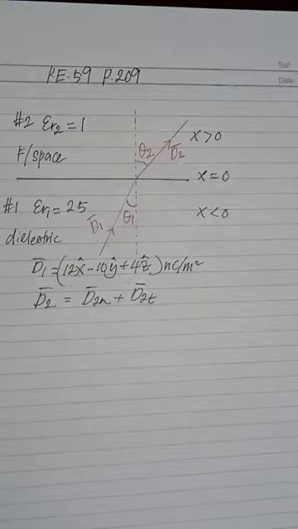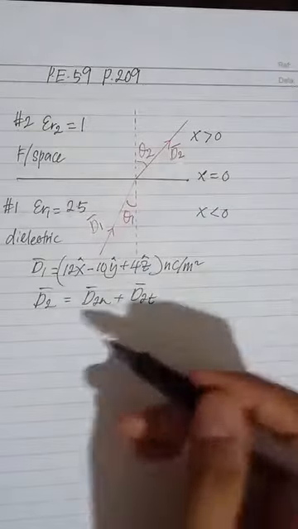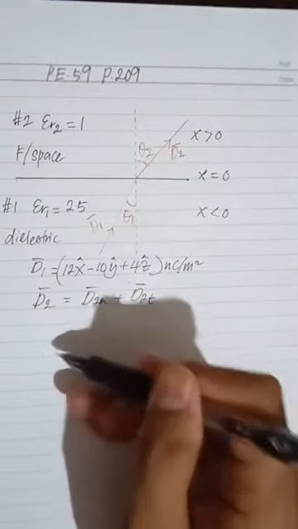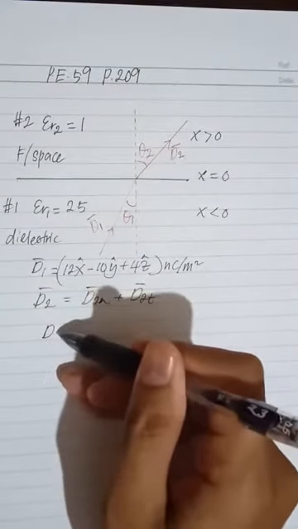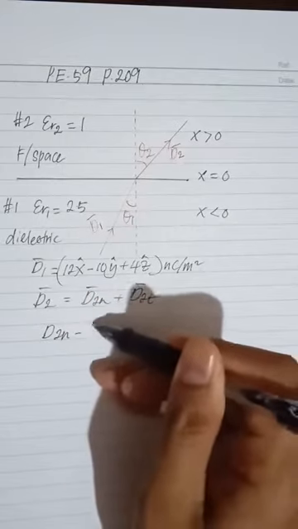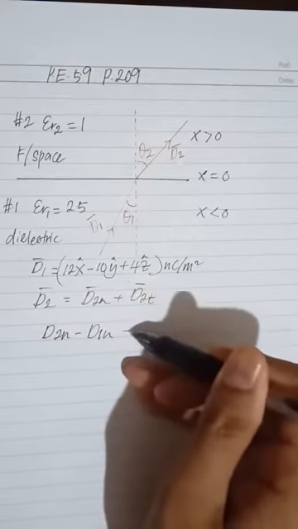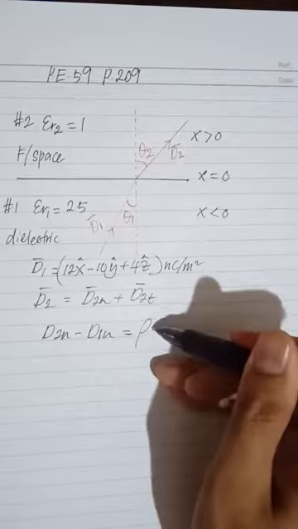Alright, so as usual, if you want to solve any boundary condition problem, we have to relate to these two famous equations that can be used to find the normal and tangential components. The first one, we know, is given as D2 normal minus D1 normal equal to rho s.